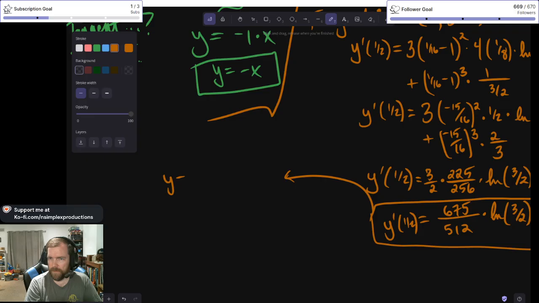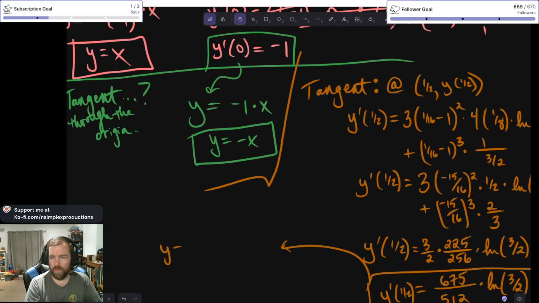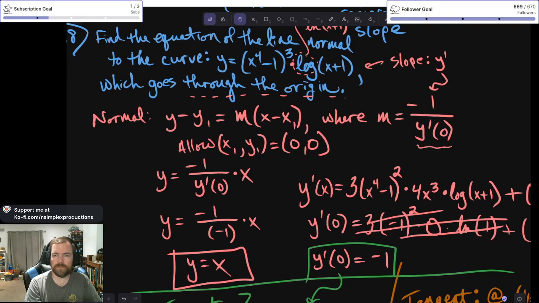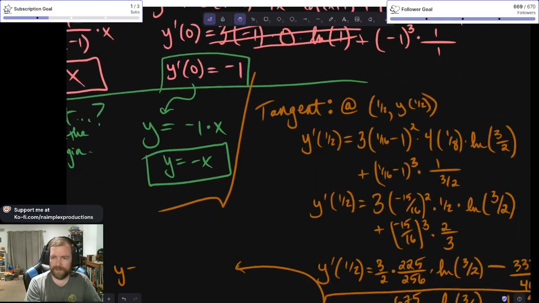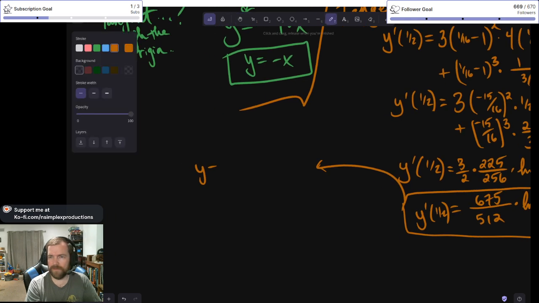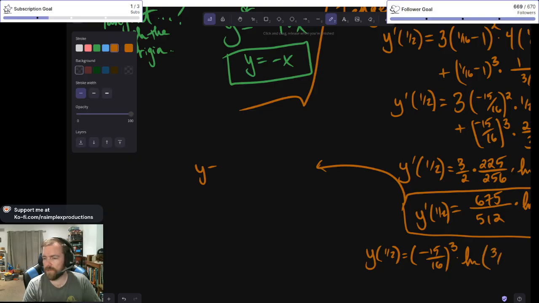y minus. We want y at 1/2 is going to be that thing. It's like almost the same as the first half of this. Negative 15/16 squared, nope, third, times natural log of 3/2.